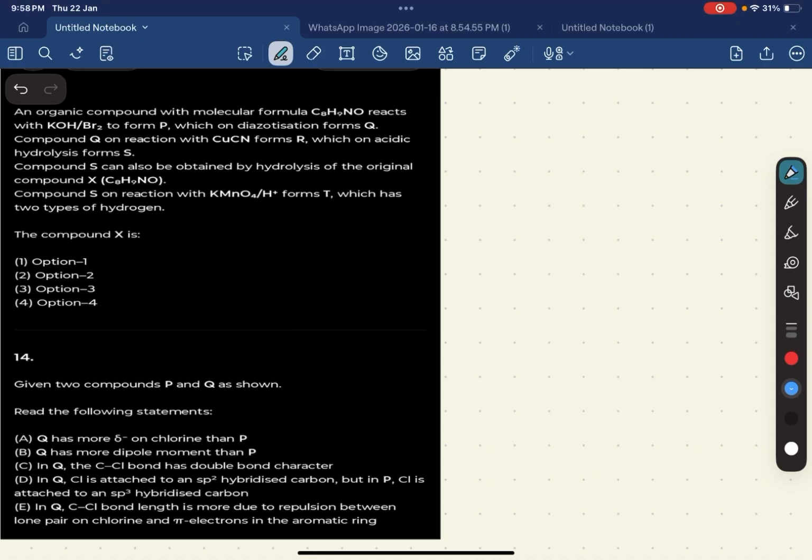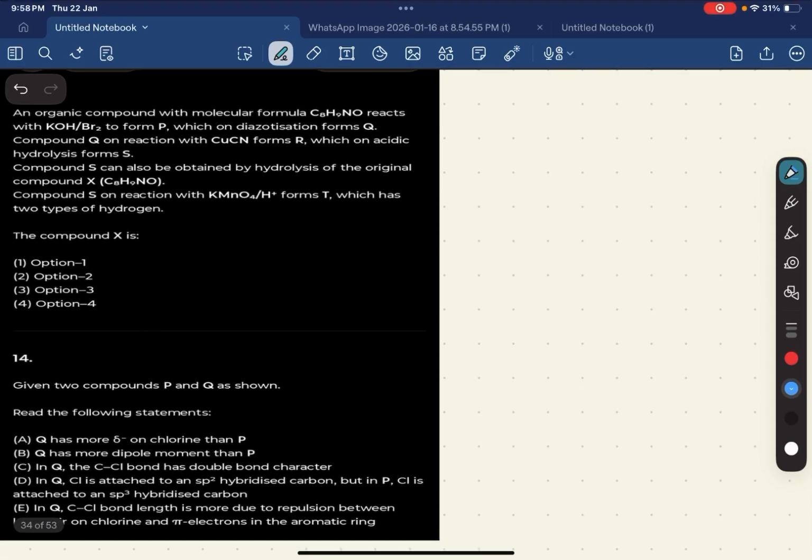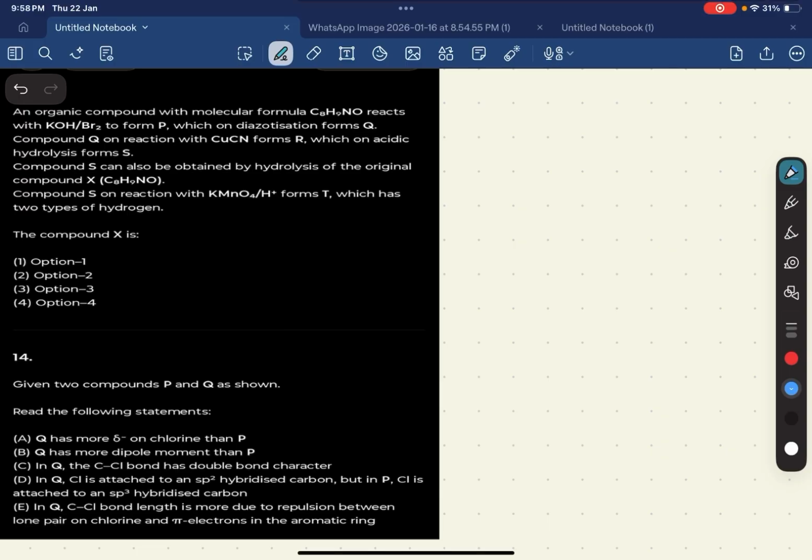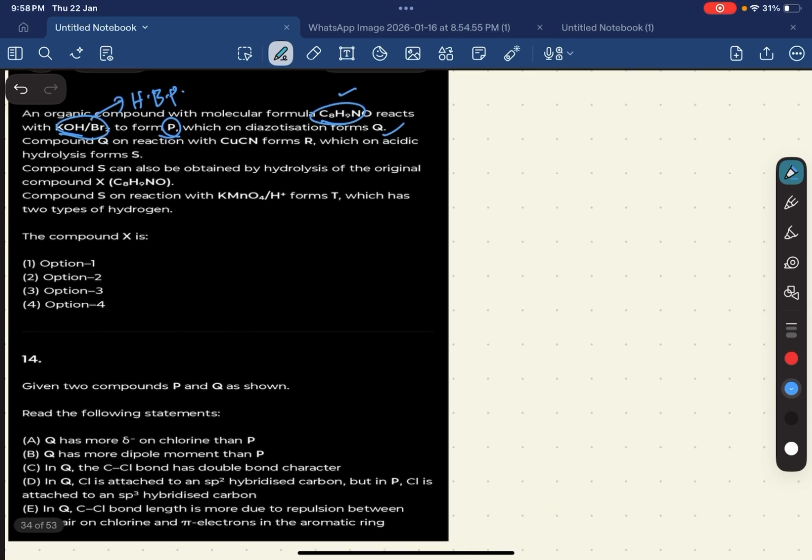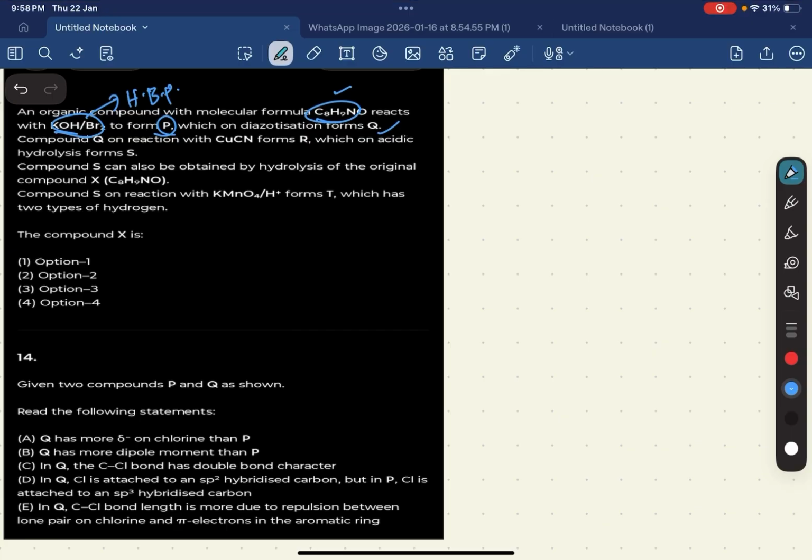An organic compound with molecular formula C8H9NO reacts with KOH and Br2 to form P, which on diazotization forms Q. So this NO with KOH and Br2 is called what? The Hofmann degradation process, or Hofmann bromamide reaction. Compound Q on reaction with CuCN gives R, which on acidic hydrolysis gives S.